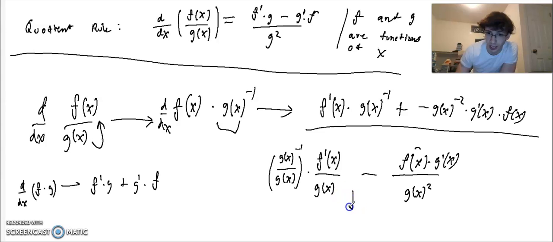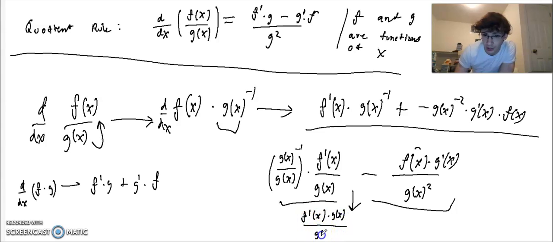So we will end up getting f prime of x times g of x over g of x squared minus f of x times g prime of x over g of x squared.